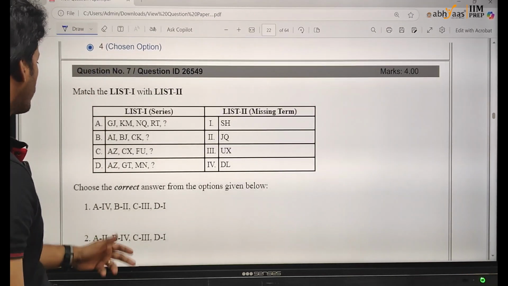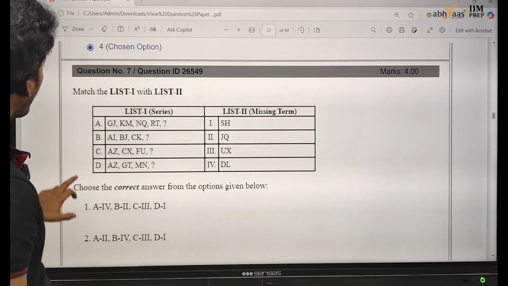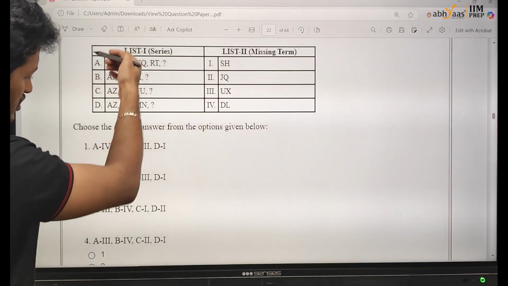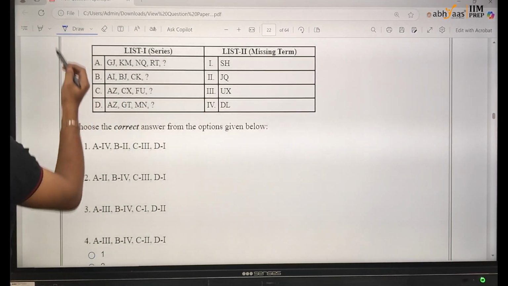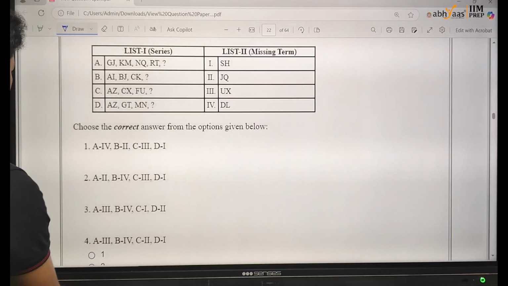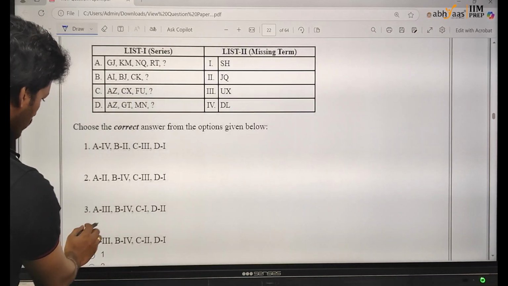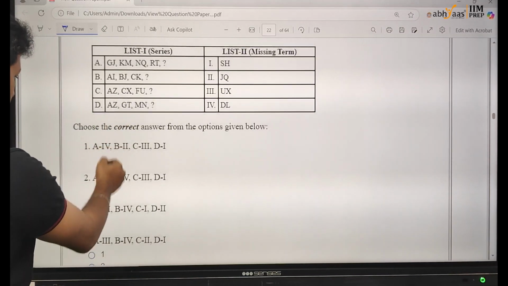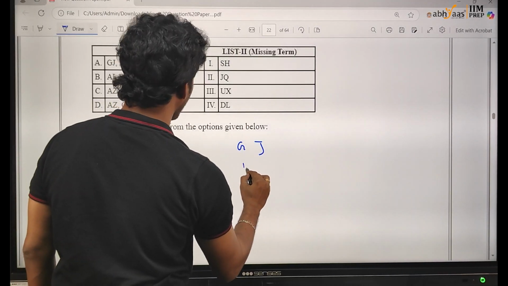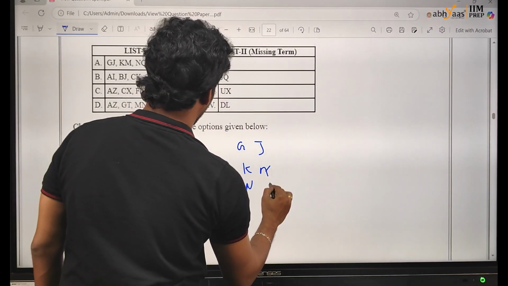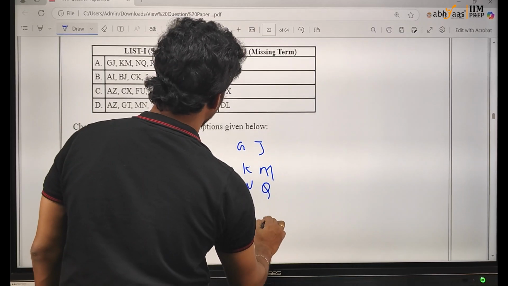Okay, match the following. Whenever a match the following comes in the question, we just have to see which term has to be dealt with, which term gives us the right answer. If I go with A, I have to check between 3 options. Let's check it. GJ, KM, NQ, RT.